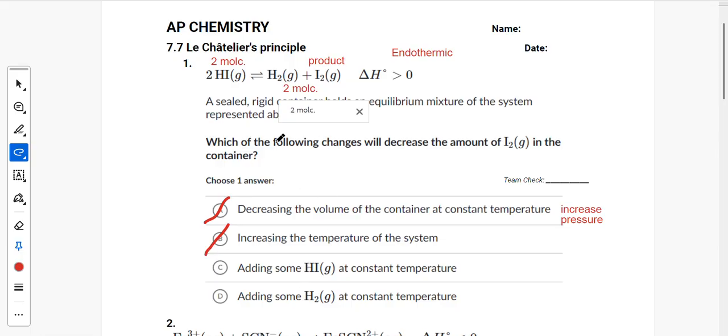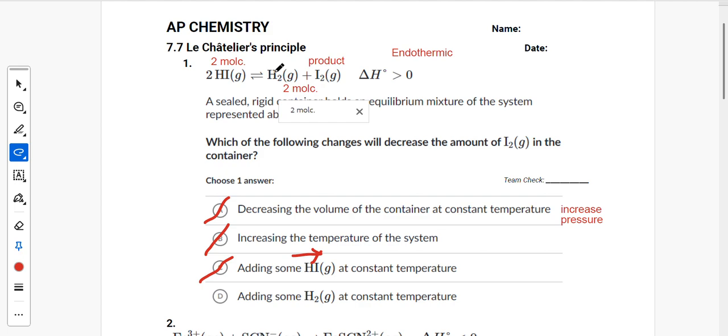If we add some HI at a constant temperature, we know that's going to cause the reaction to shift towards the other side to help balance it out, which also means more iodine will be made. Adding some more H2 at a constant temperature: we're adding more of the products.